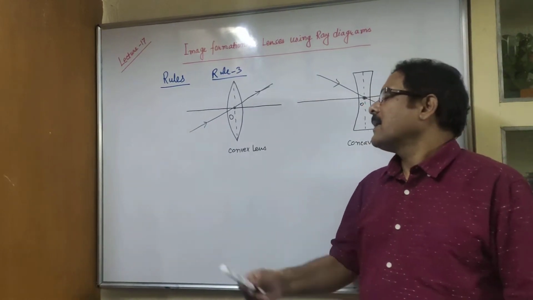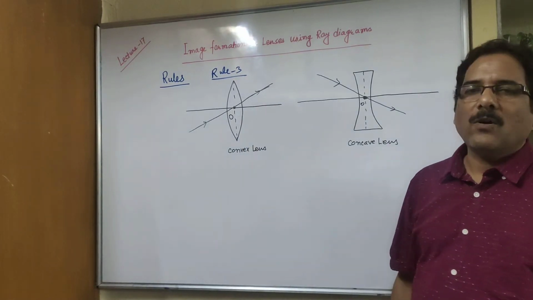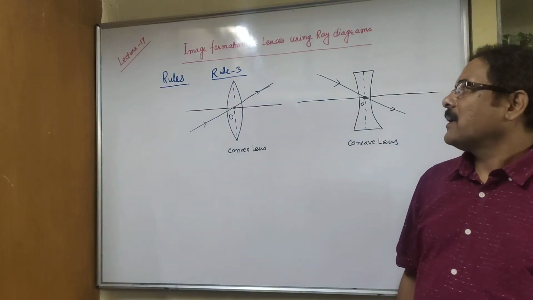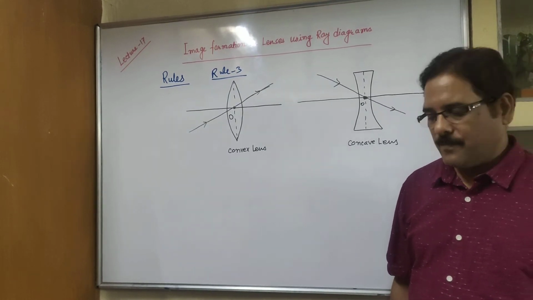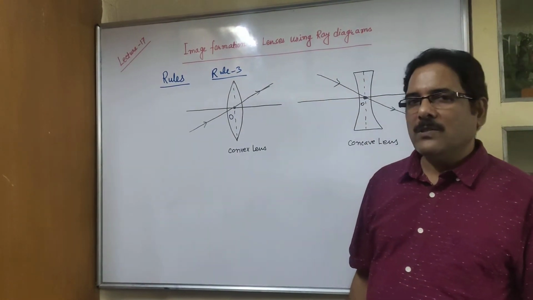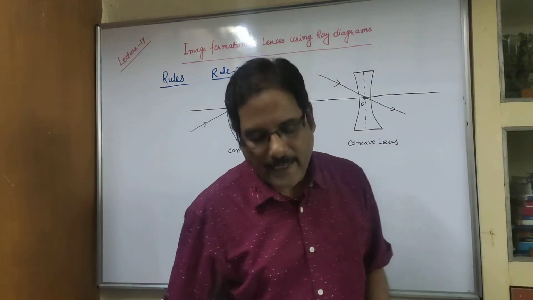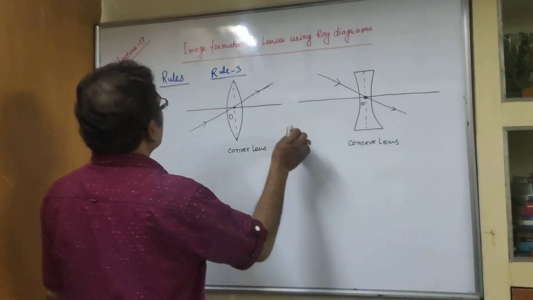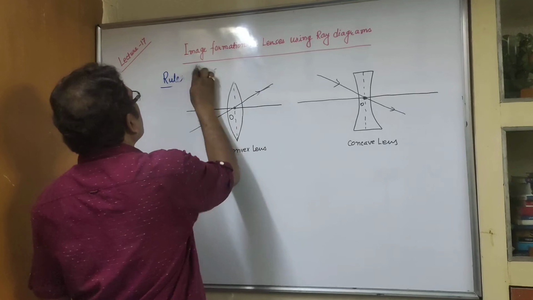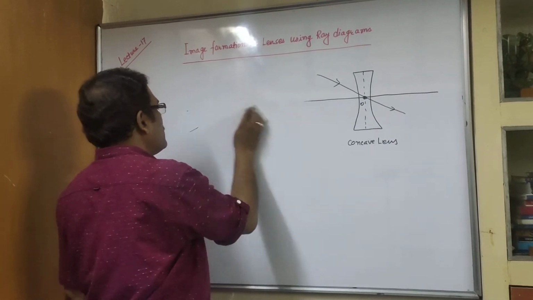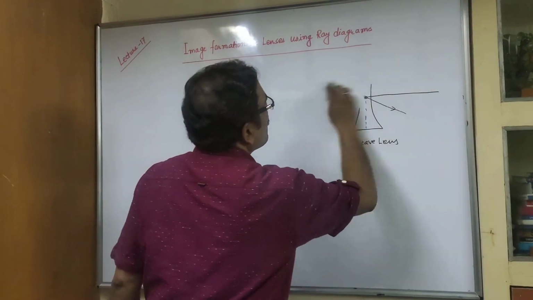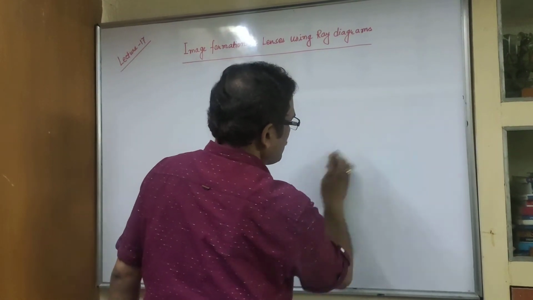And rule 3, if a ray of light passes through the optical center of the lens, it will pass straight away without suffering any deviation. Now with the help of these rules, we will draw the ray diagrams. So let us start the formation of images in the case of a convex lens first.